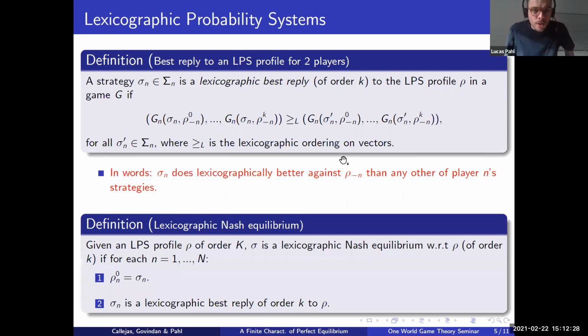All right, so with this definition, we can also generalize the notion of Nash equilibrium to the notion of lexicographic Nash equilibrium. Given an LPS profile ho of order k, sigma is a lexicographic Nash equilibrium with respect to ho if essentially the first theory or the first conjecture here is correct, right? And sigma n is a lexicographic best reply of order k to ho.